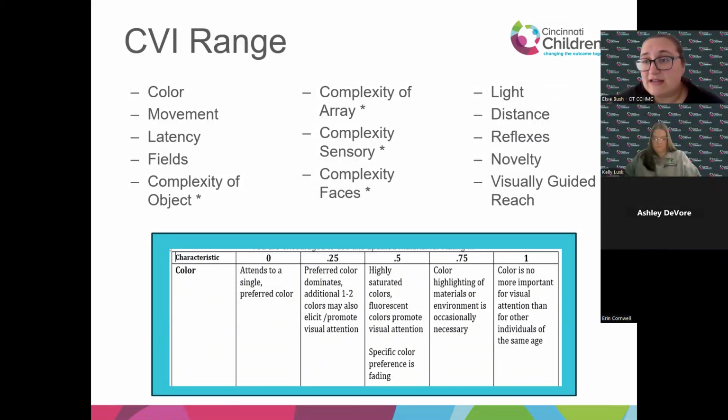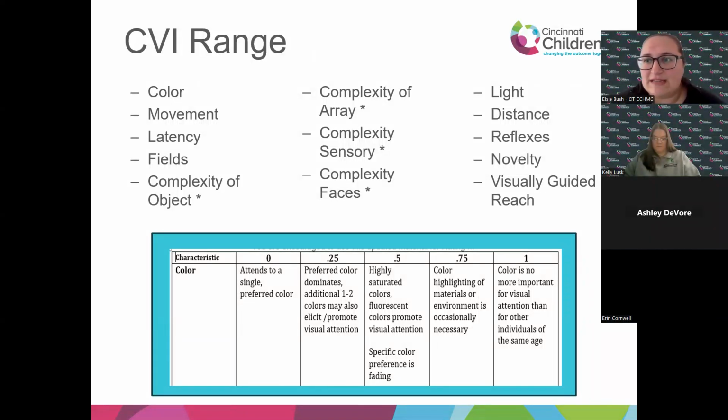Complexity of faces looks at how they're able to look at a person and do social interactions. And then also response to lighted materials, ability to see at a distance. We look at visual reflexes, response to touch to the nose if they blink, or response to threat, where we bring the hand close to the nose real fast and see if they have a reaction to noticing those things approaching them.